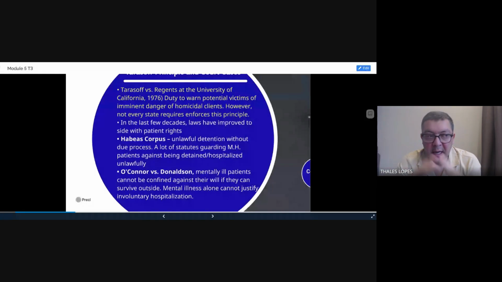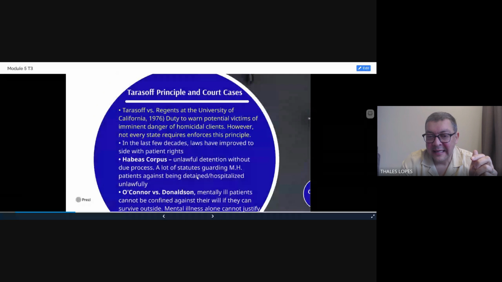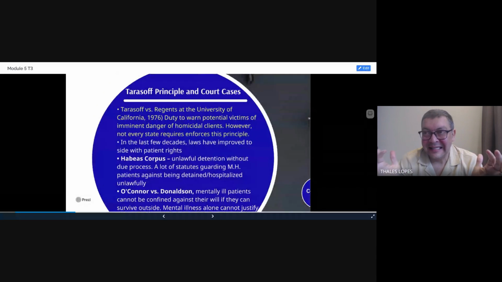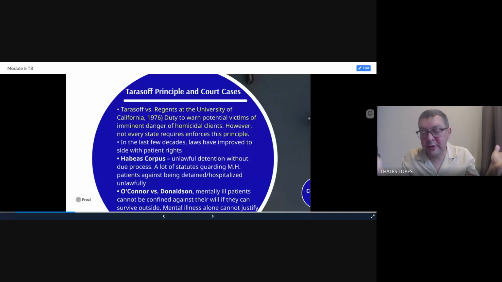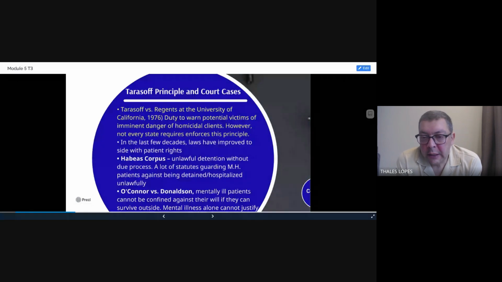The Tarasoff principle gets a lot of people, because it is well known in psychiatry, and anything well known in psychiatry is likely to be on your test. In this case, it says the duty to warn, and that's the problem here.